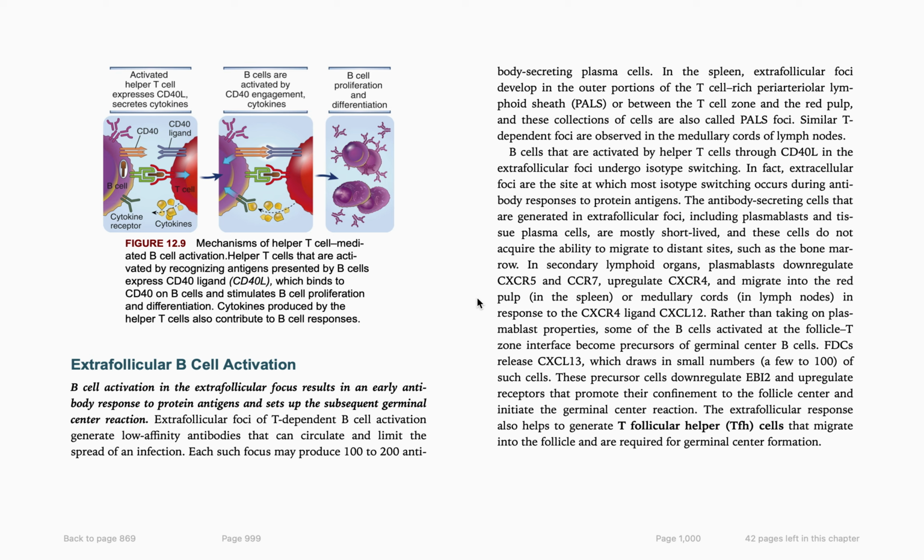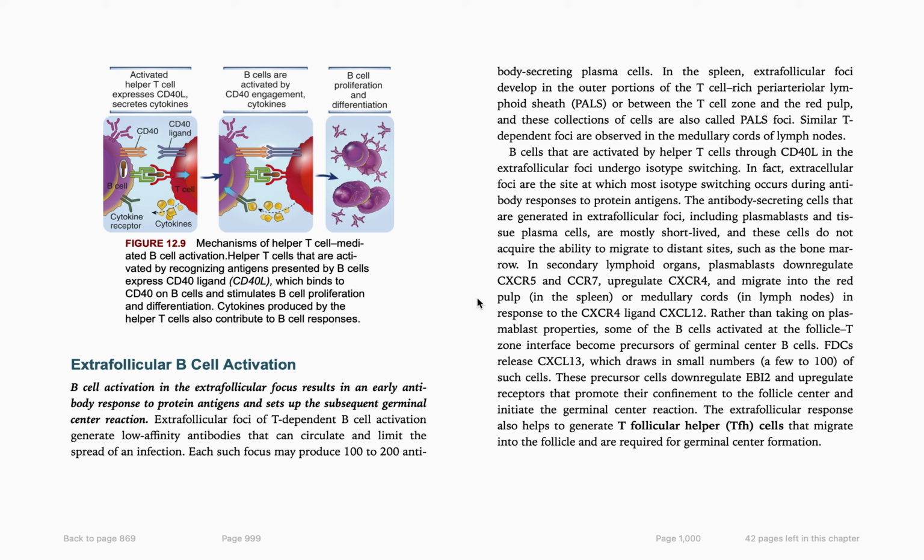Each such focus may produce 100 to 200 antibody secreting plasma cells. In the spleen, extrafollicular foci develop in the outer portion of the T cell rich periarteriolar lymphoid sheaths, or between the T cell zone and the red pulp, and these collections of cells are also called plasma foci. Similar T-dependent foci are observed in the medullary cords of lymph nodes.